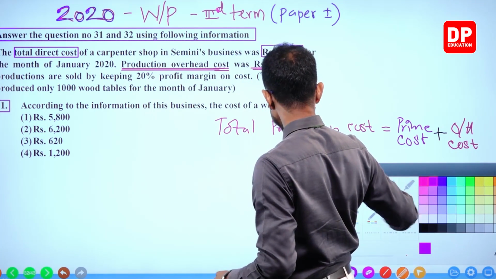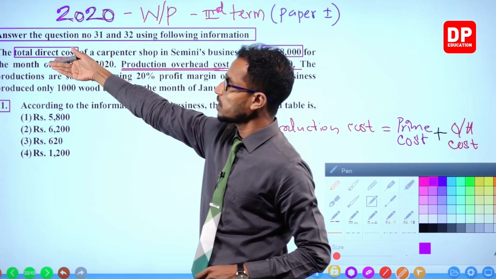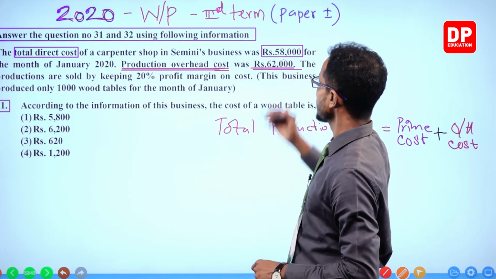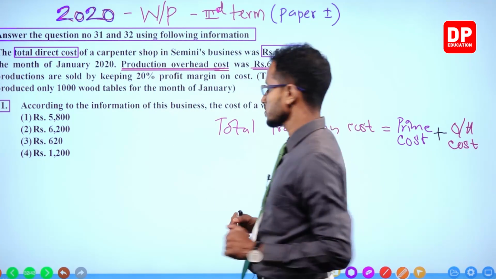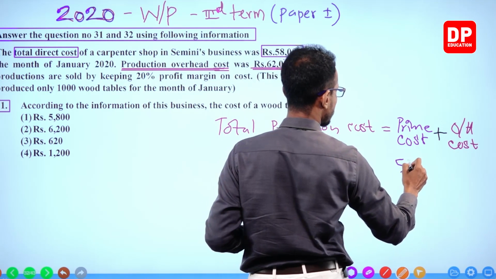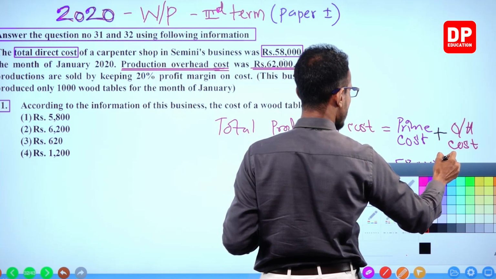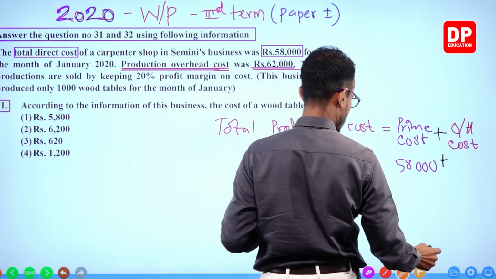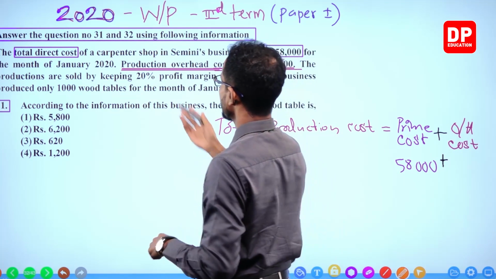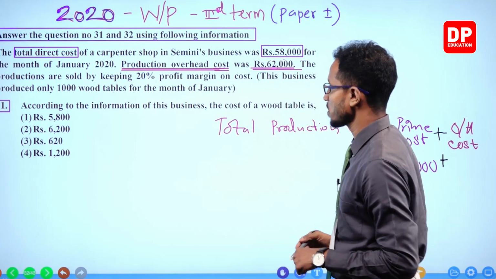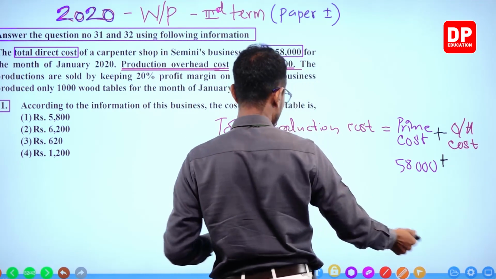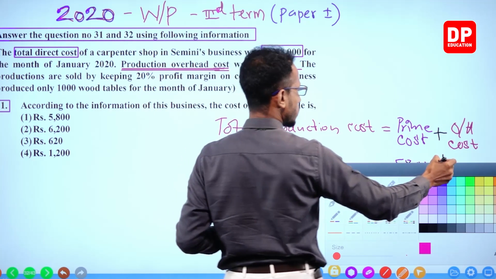Total direct cost means prime cost, 58,000. Plus overhead cost is right here. Production overhead cost 62,000. It's given, all information is given.